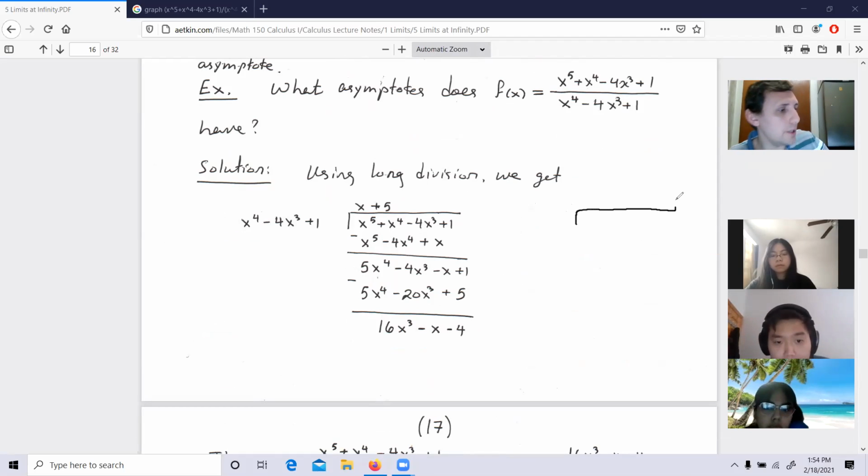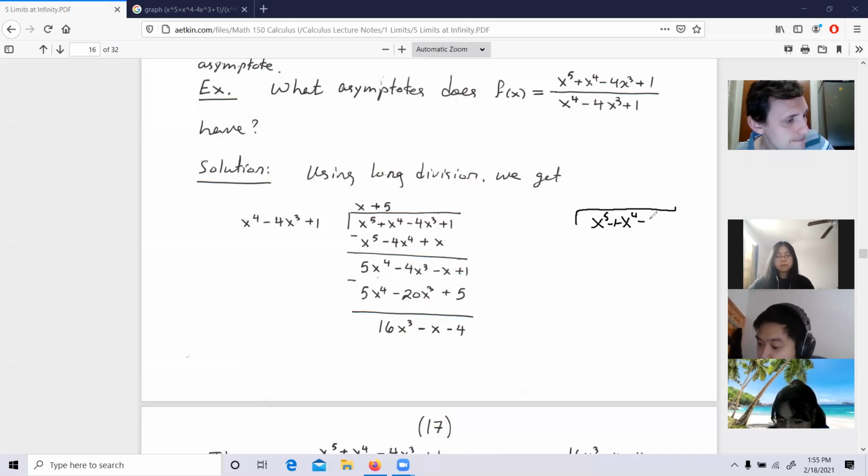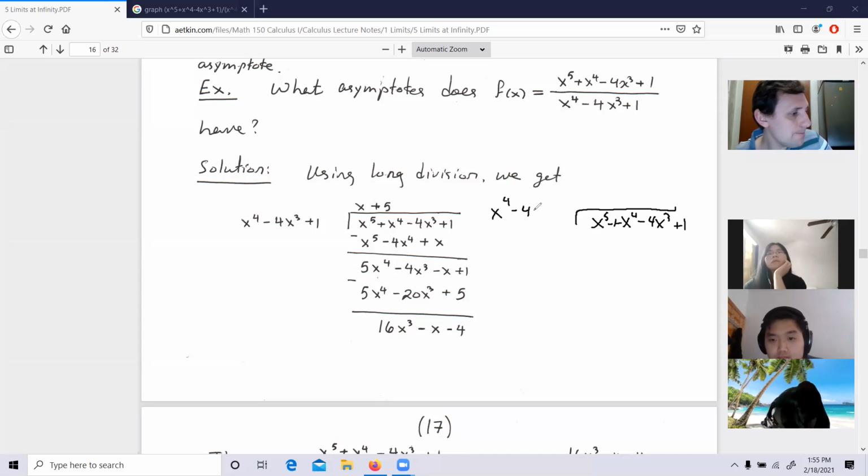So here is how I begin. Here I write the expression I want to divide, and here I write what I want to divide by. What do I put here?